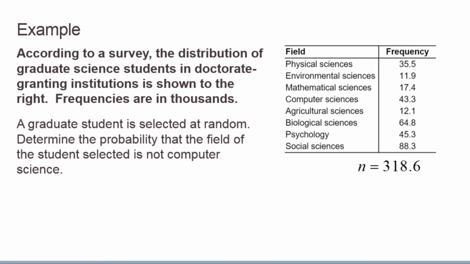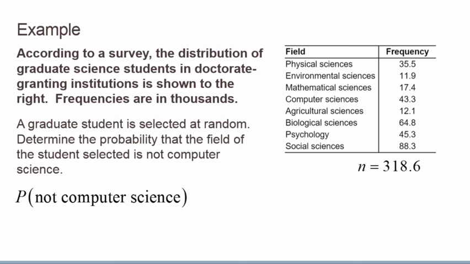Example. Still using the survey of doctorate granting institutions, a graduate student is selected at random. Determine the probability that the field of the student selected is not computer science. First, we want to write the probability of the event, P parentheses, not computer science.